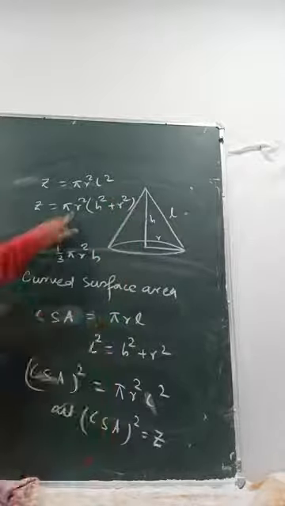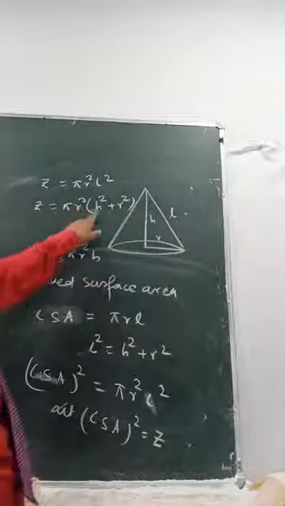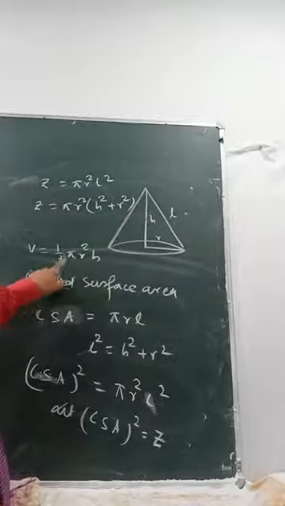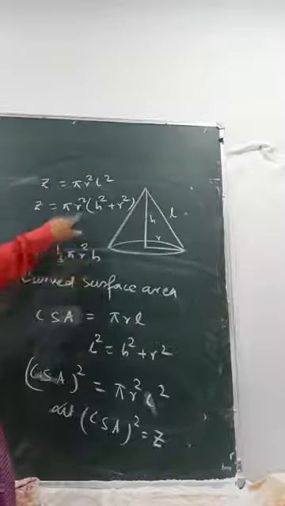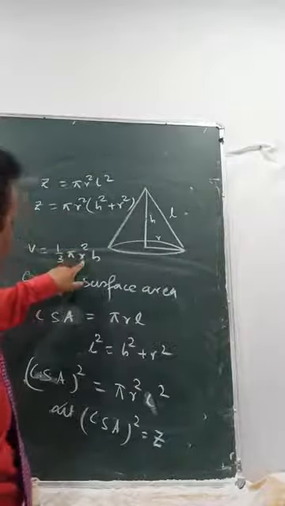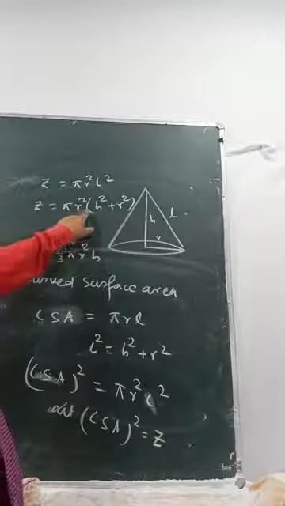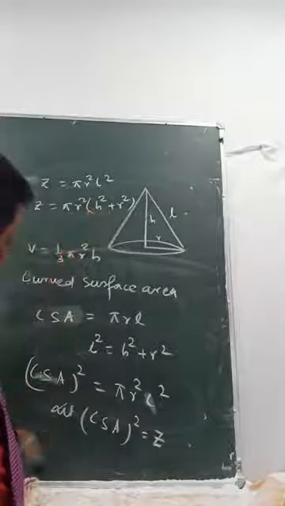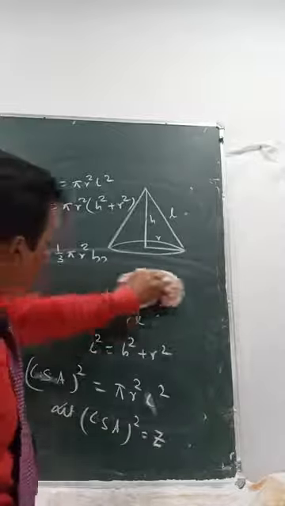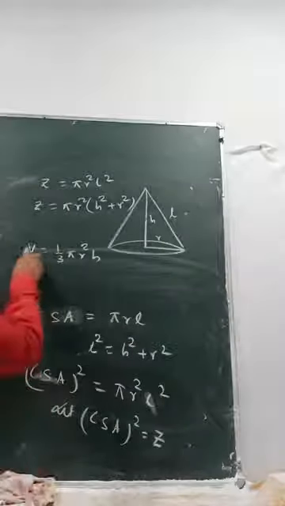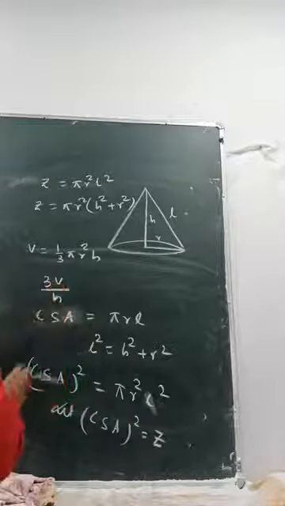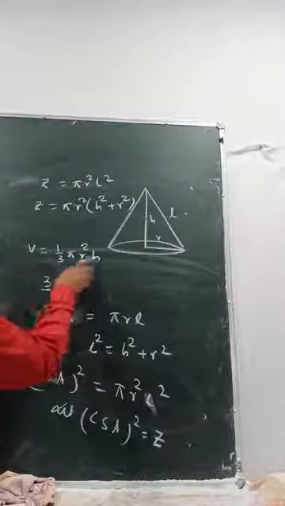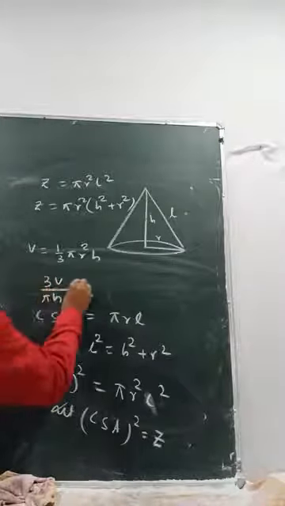Still you look at here, there are two variables. Which one should I find, so that it will be easy for us to put here? You can find out r square from here. If I put r square, then it will be easy to calculate. So you would find out 3v by pi h equals to r square.